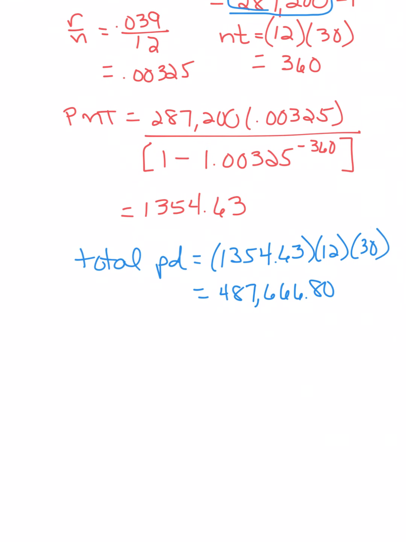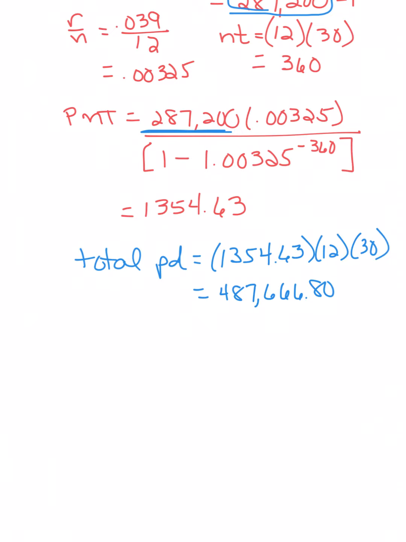I want you to think about, how much did we borrow? Remember, the borrowed amount was the $287,200. So what's all that extra money that's in the $487,666? That's all interest.